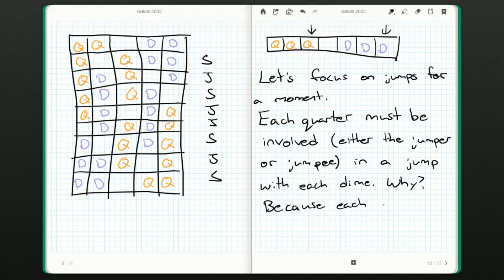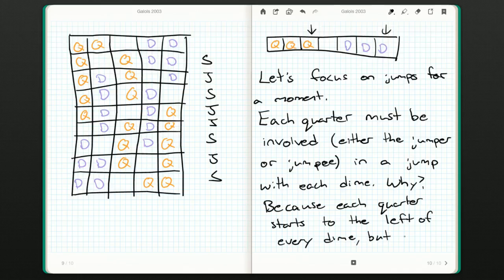So why is this true? Because each quarter starts to the left of every dime. Right, we put the quarters on the left, the dimes on the right, but must end up on the right of every dime.